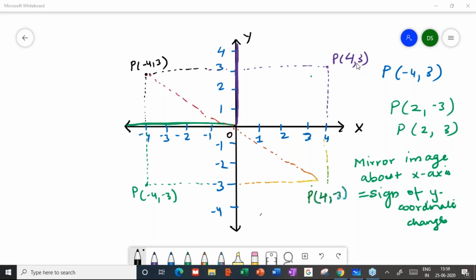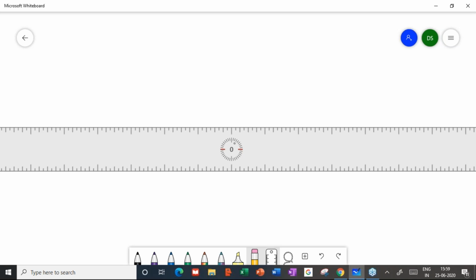Okay, so this last concept, then I'll just quickly show you how to plot a point with all concepts taken into account. If you have a graph book, that would be awesome.